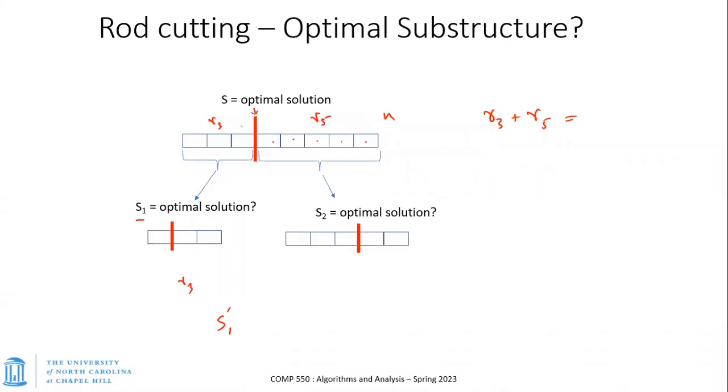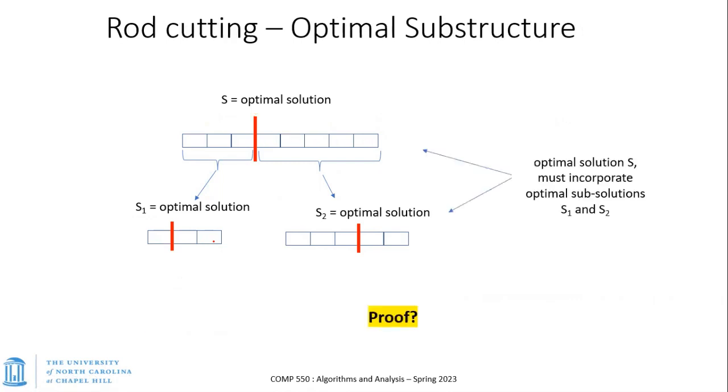Does this remind you of any of the other types of proofs that we've just looked at in today's lecture? You're cutting this out and replacing it with another possible solution. Let's assume by contradiction that we have another solution which was better, but it wasn't used as part of the solution.